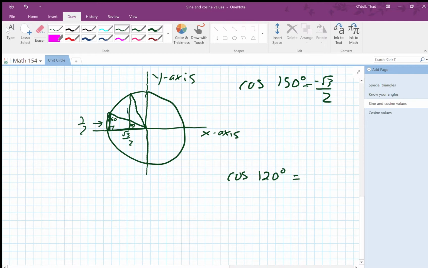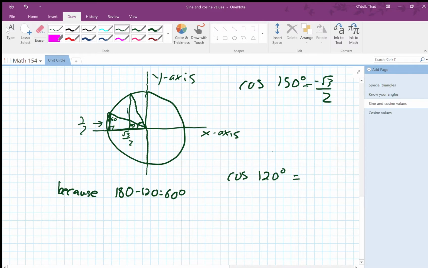Notice the reference angle for this one, the angle of the triangle that's closest to the origin, is going to be 60 degrees, because 180 minus 120 would be 60. So that angle there is 60. So this is a standing up 30, 60, 90 triangle.